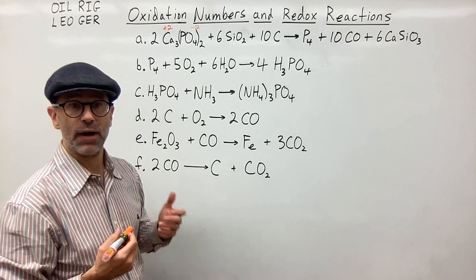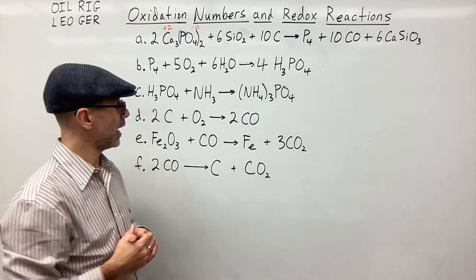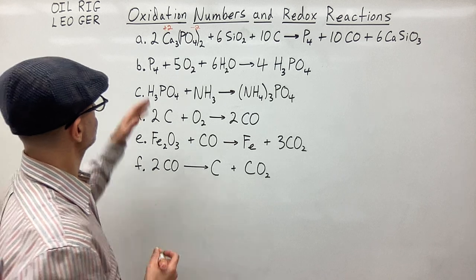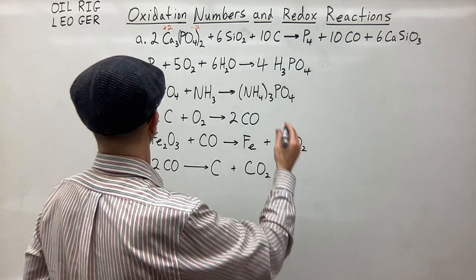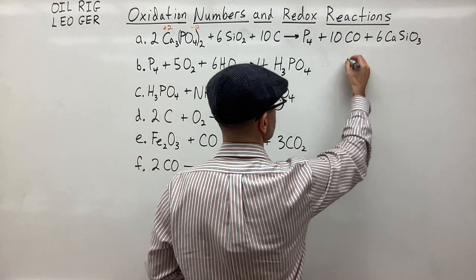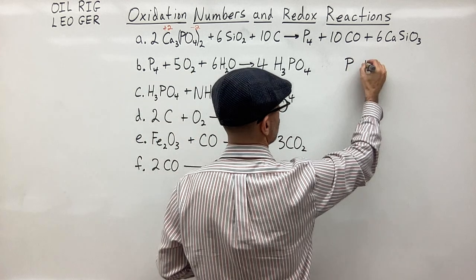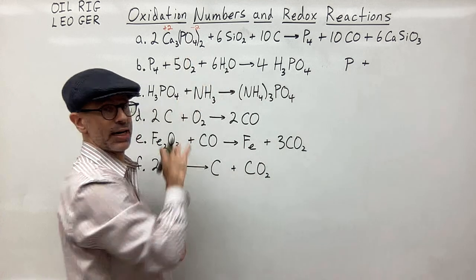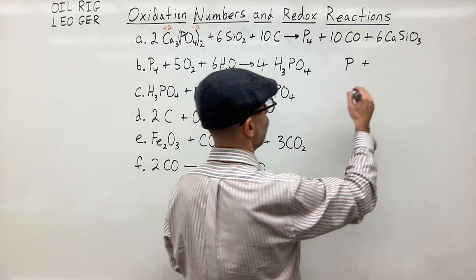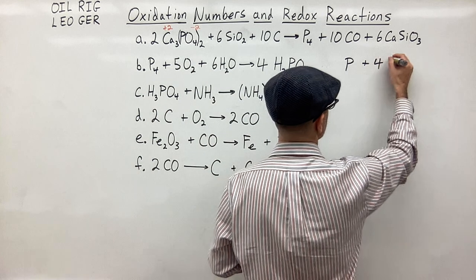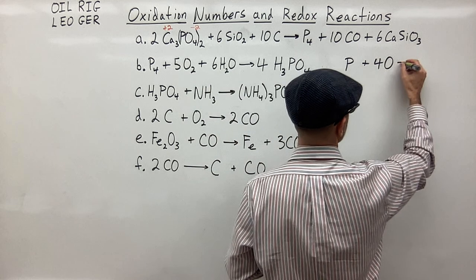And then for phosphorus, we have to figure out the oxidation state of phosphorus with a little math. So I'll write over here. I know that whatever the oxidation state of phosphorus is, plus the oxidation states of oxygen, and we have 4 oxygens, so we're going to multiply that by 4. We have 4 oxygens, each with an oxidation state of -2.